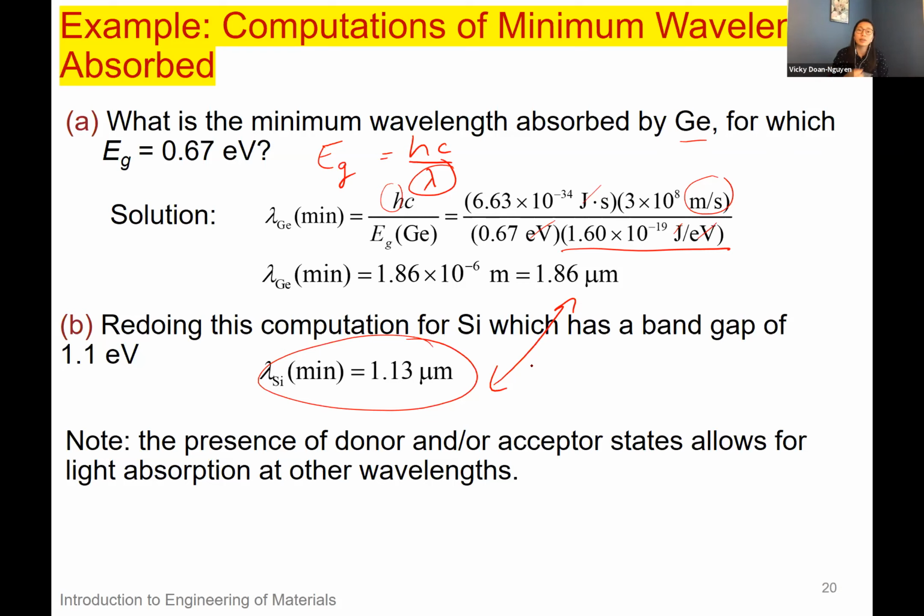The only problem is, there are other processes that can occur when your photon has higher energy than the band gap. You only need a minimum value, and that's the band gap energy, right? So let's say you have a photon that is 1.86 micrometers, it needs 0.67 eV, it will excite. Let's say you have energy that's higher than that. Well, what can happen?